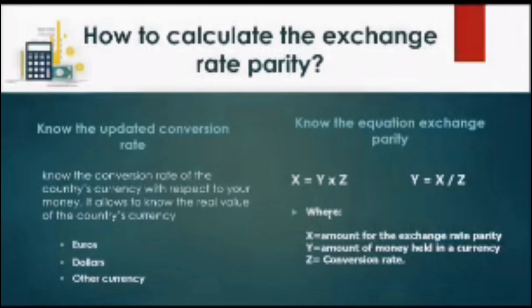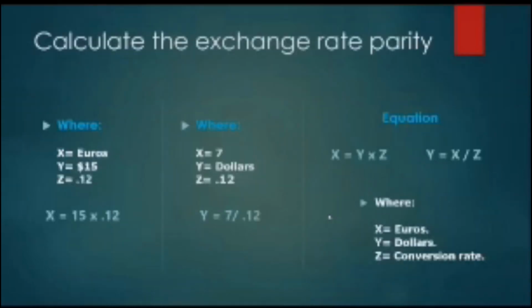In this equation, X equals euros, Y equals dollars, and Z equals the conversion rate. How many euros will we have for $15? For the first one we are going to use the first formula.